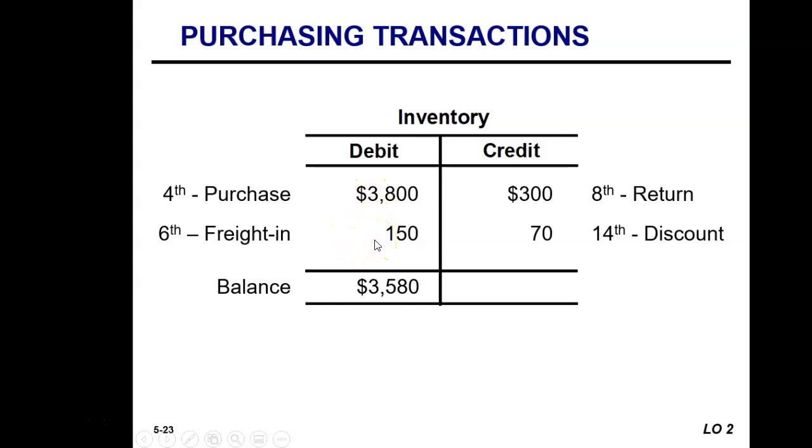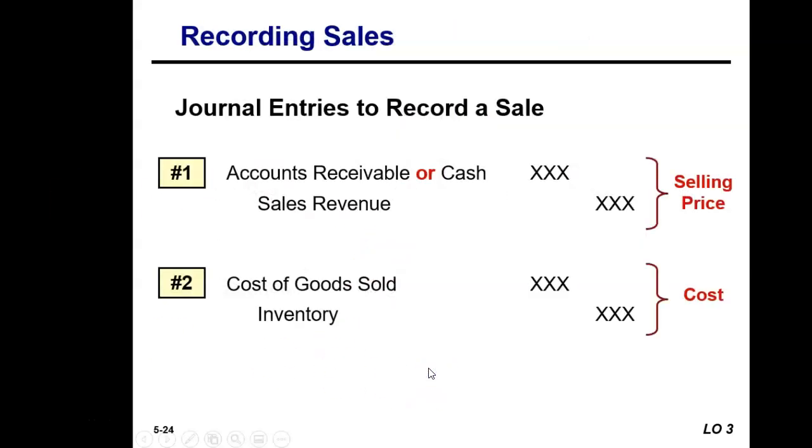Those both increased the inventory account. We then had the return for $300 and the discount in the amount of $70. So currently the inventory account has a balance of $3,580. Okay. Now those were transactions by the buyer.